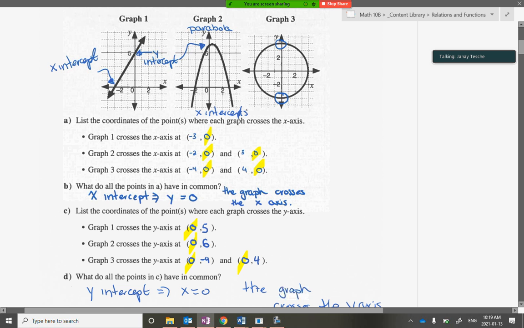So you can have multiple intercepts, both of x and y. Most often you'll see multiple x's and only ever one y-intercept, but you can. So graph 3 shows where you can have 2 y-intercepts. And there's 2 x-intercepts.